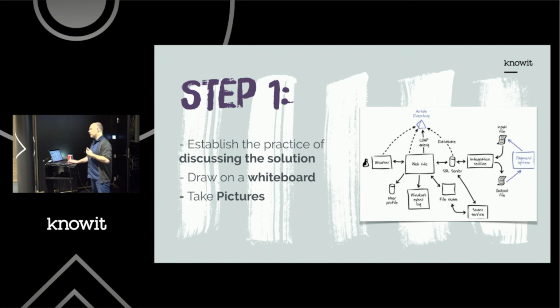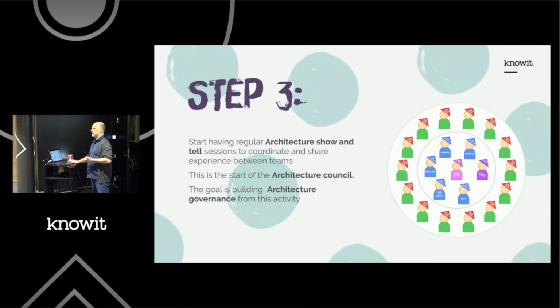And then as you go through the growth spurts, when you grow up to 20, 30, and then 50 people in your startup, then you need to establish the architecture council, and the more you have in place with a culture of presenting architecture to each other, doing lightning talks internally.